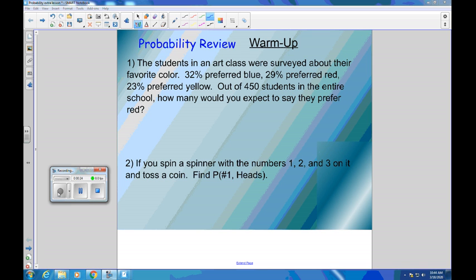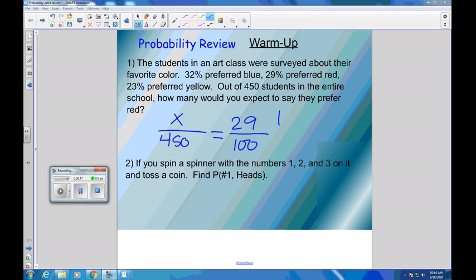So we're going to set this up as a proportion. We're trying to find out of 450, so that's going to be x over 450, how many preferred red? We know that 29% preferred red, so we can write this as 29 over 100, because we know a percent is over 100. From here, we just cross multiply.